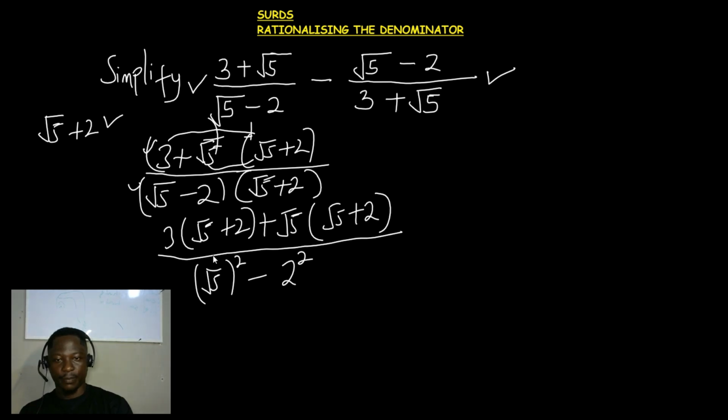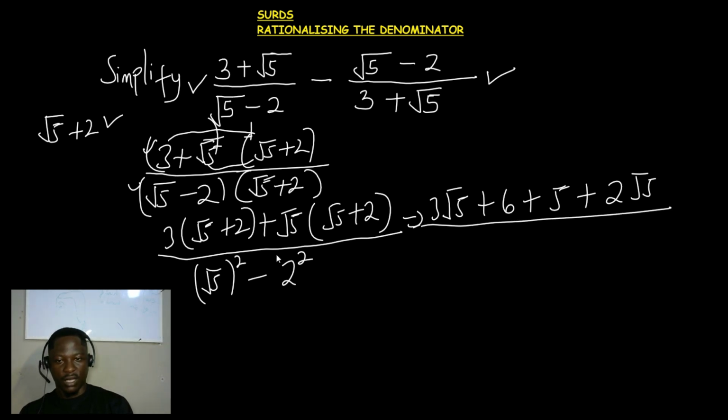So here you're going to have 3 root 5, and 3 times 2 gives us 6. Square root of 5 times square root of 5 gives us 5, plus 2 root 5.